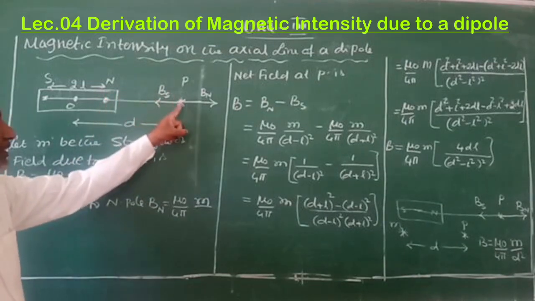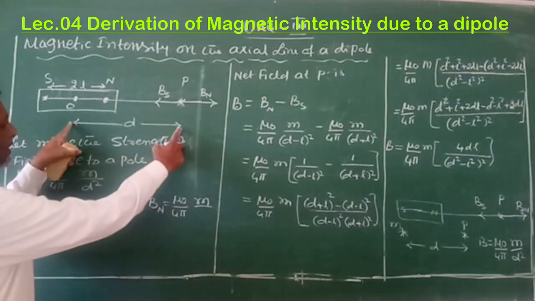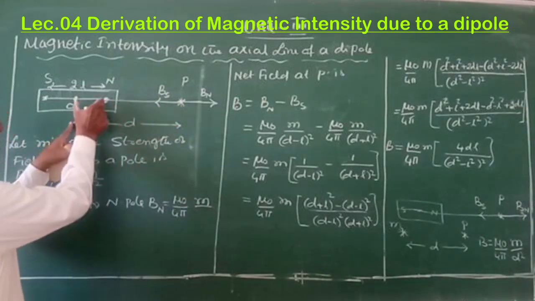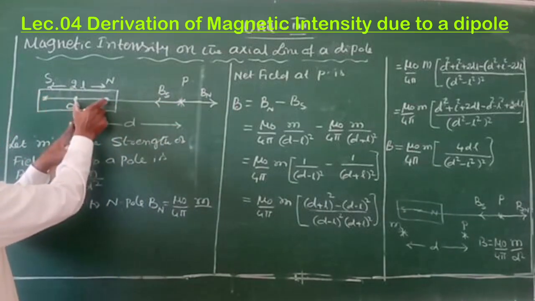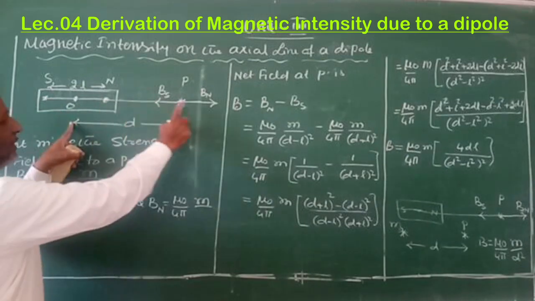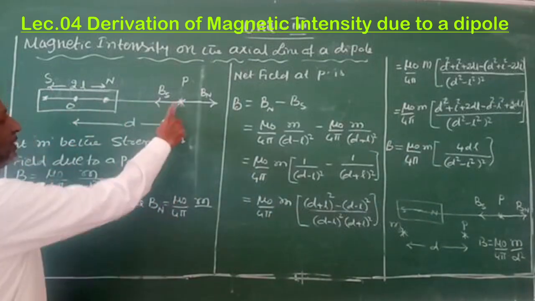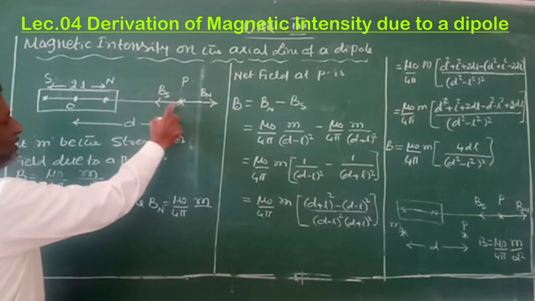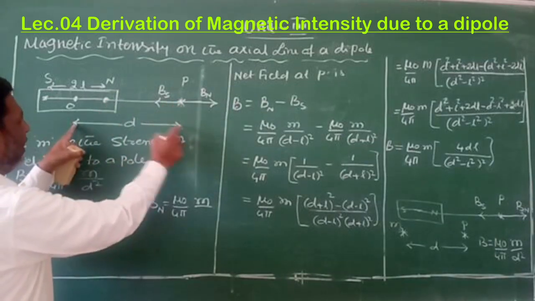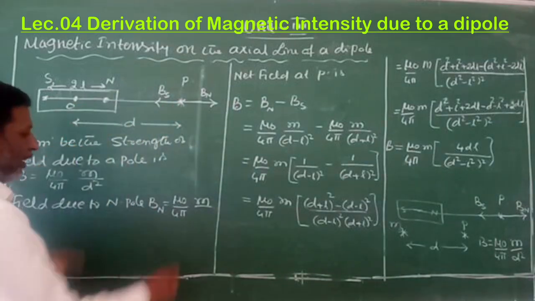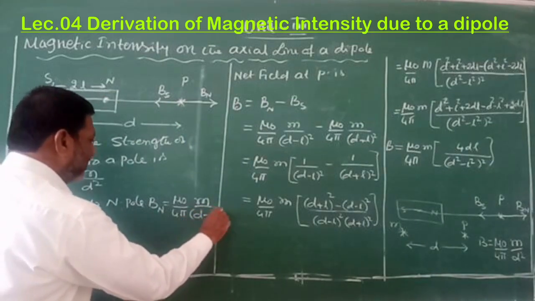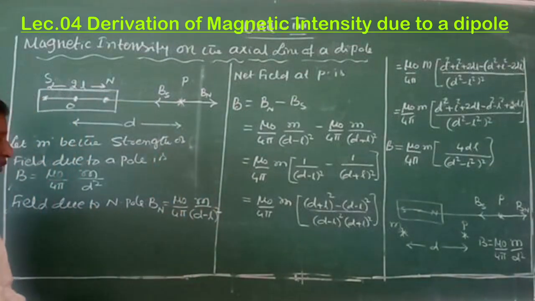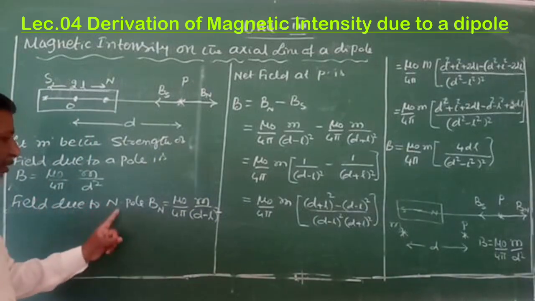The total distance is 2L, so half of it is L. Therefore, the distance of the point from the pole is D minus L. Therefore, I write D minus L whole square. This is the field due to the north pole.